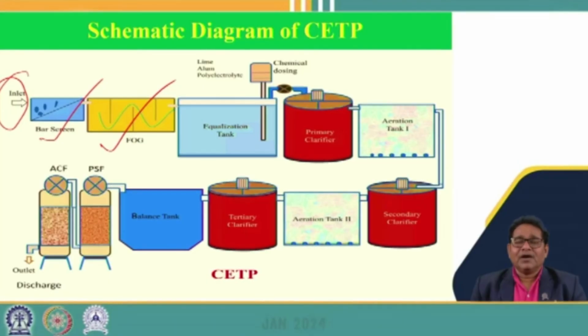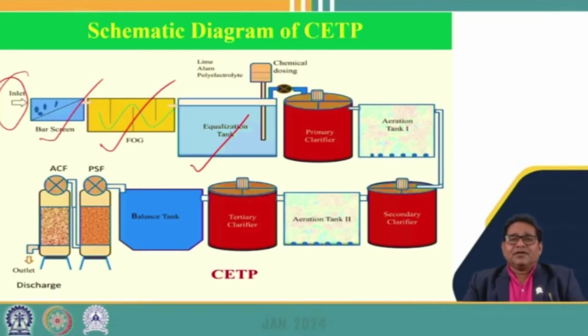This can also be done by designing skimming tanks or oil and grease separators. So a number of systems are available for removal of free oil and grease. After this preliminary treatment, the wastewater goes to the equalization tank, where the wastewater collected from different industries is uniformly mixed in order to make it uniform in terms of concentration and also in terms of flow.